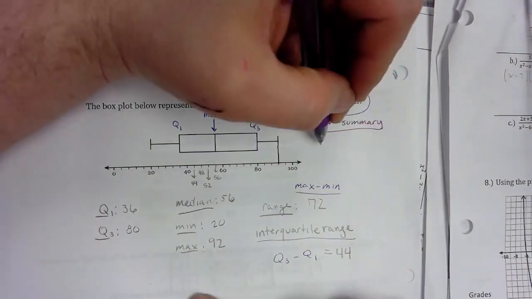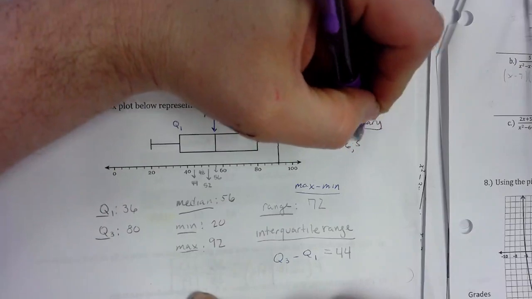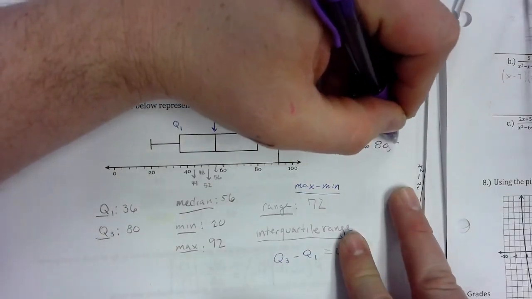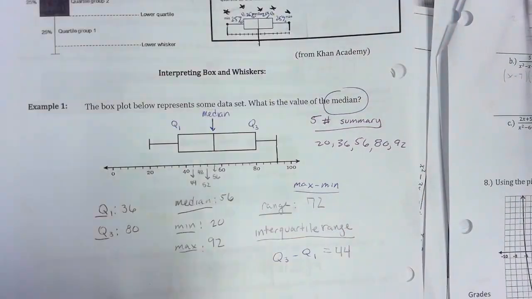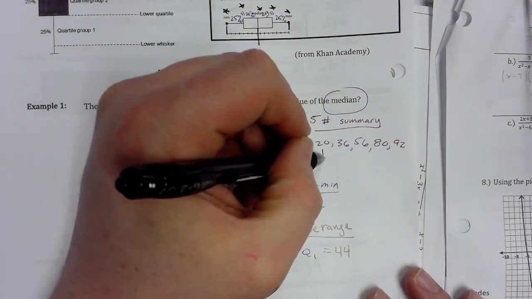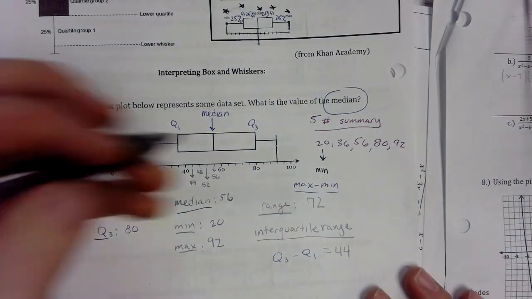Do I need to put this in? If I'm writing it down, it might be a good idea. When you're looking here, students, the first number in the 5-number summary is always the minimum. The last number is always the maximum. This is the median, and this is quartile 3 and quartile 1 respectively.